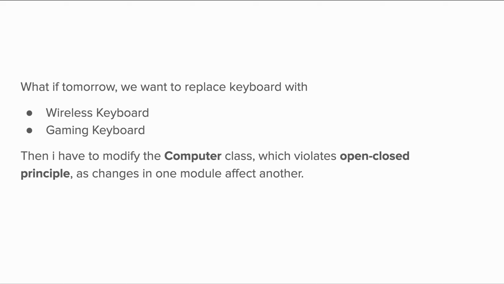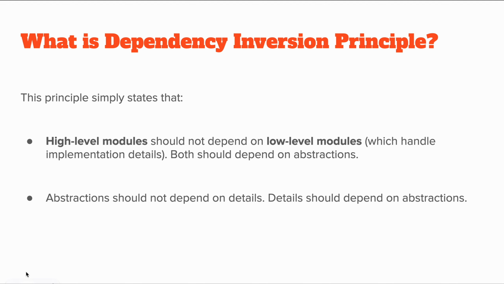So what is the solution, right? So let's discuss how we can write a better code. So before discussing the solution part, let's go back to the principle and read the principle once again. So the principle says high level modules should not depend on low level modules.